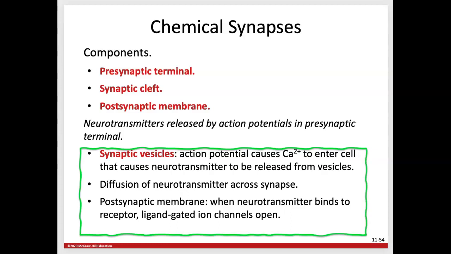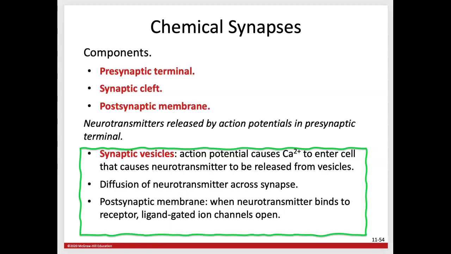The one that we will talk about mostly in this chapter is acetylcholine, which you should be familiar with from the muscle system. The action potential causes the synaptic vesicles to release the neurotransmitter into the synaptic cleft.